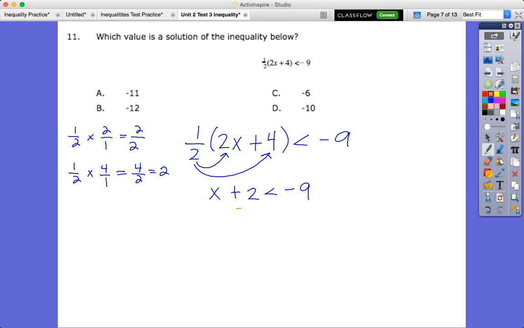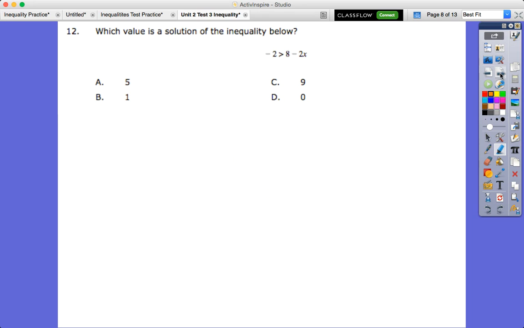All right, so now we subtract 2 from both sides, and we get x is less than negative 11. So, which of these solutions is less than negative 11? And the answer is negative 12, the only number less than negative 11.